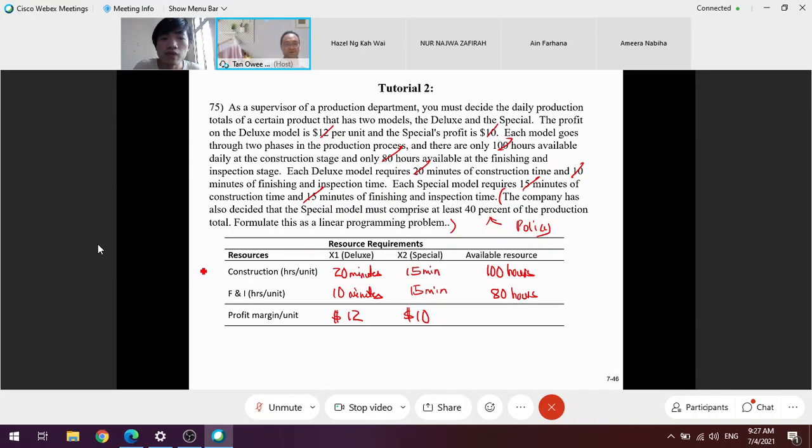These two we call capacity constraints, same as the first example. Capacity constraint is caused by capacity. In fact, myself, I don't like policy constraints, but there are a lot of policy constraints in the industry. The boss gives you a funny instruction, saying that the special model must comprise at least 40% of the total.